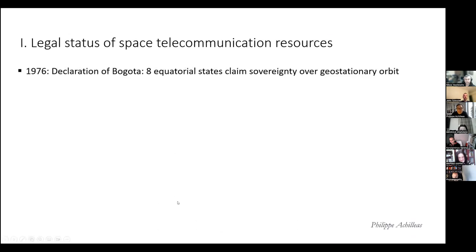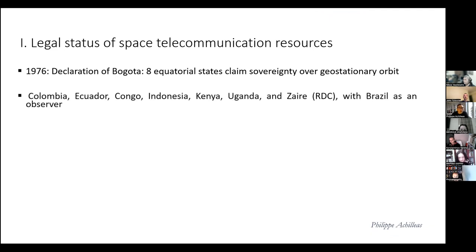But in 1976, 8 equatorial states signed a declaration at Bogota claiming sovereignty over the part of the geostationary satellite orbit located above their territories. So, of course, spacefaring nations recalled Article 2 of the Outer Space Treaty.